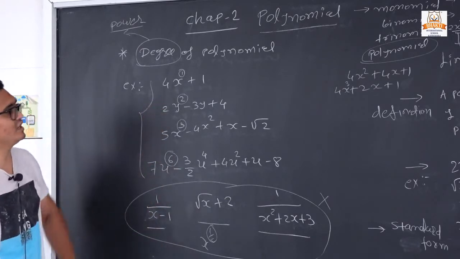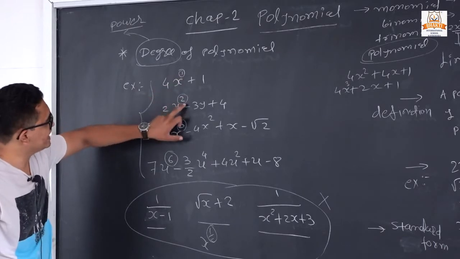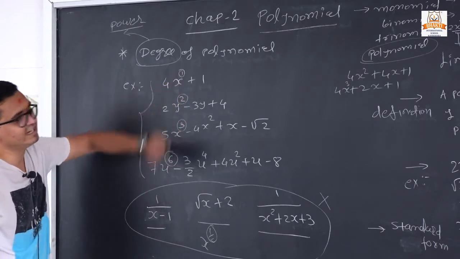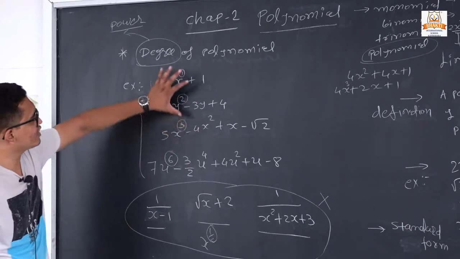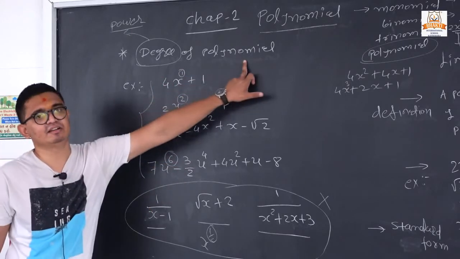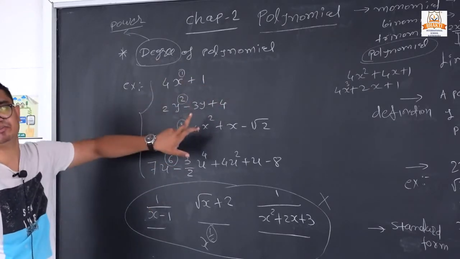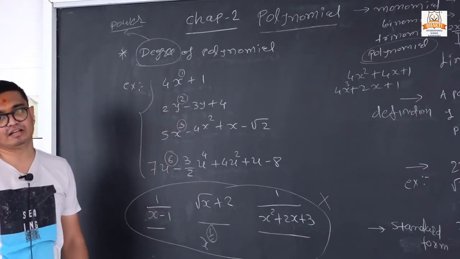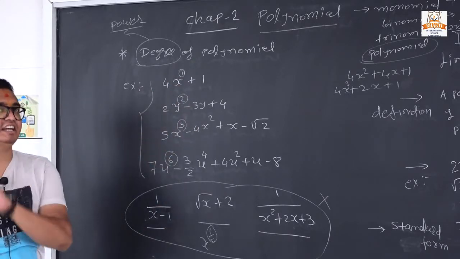So it means all are real numbers. So these are called what? Polynomials. If the power is a real number, it is called a polynomial.